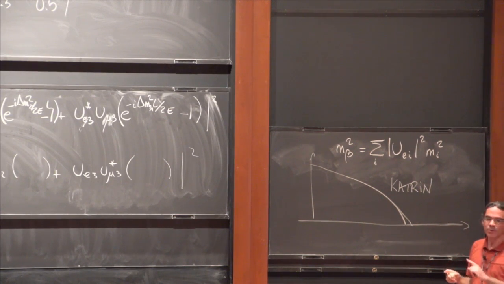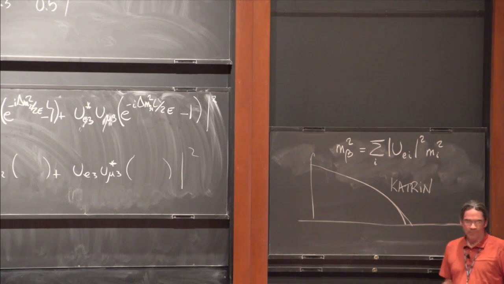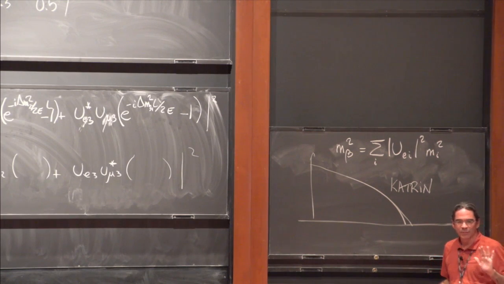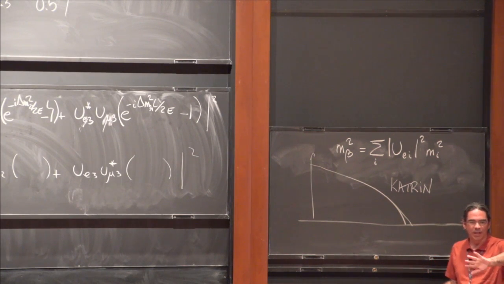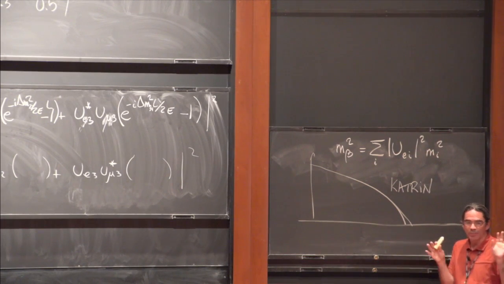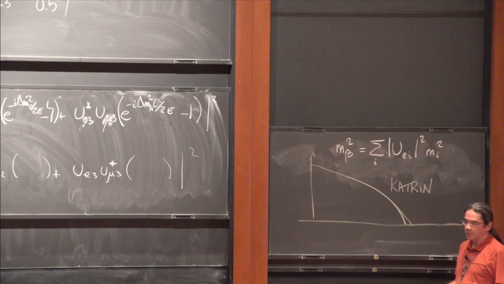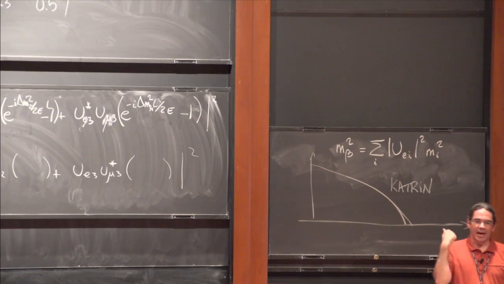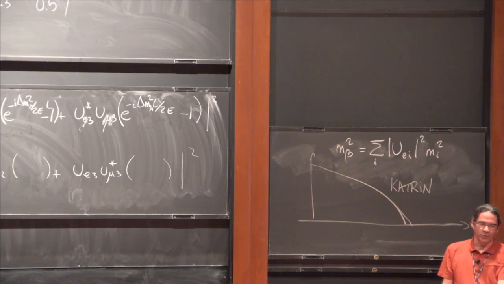In reality, what they measure is much cooler than that. So what happens is this experiment is in a funny regime where the neutrinos are actually not oscillating, but the way that you describe neutrino production is the following. You have a beta decay. You either get a neutrino number 1, or a neutrino number 2, or a neutrino number 3.